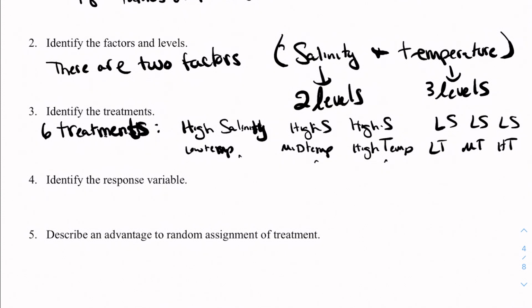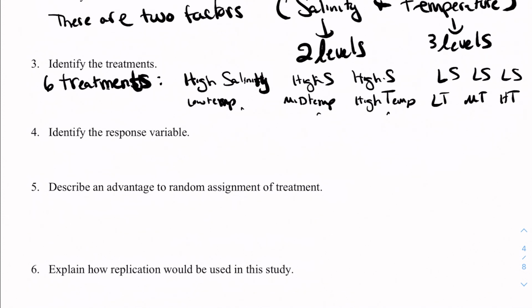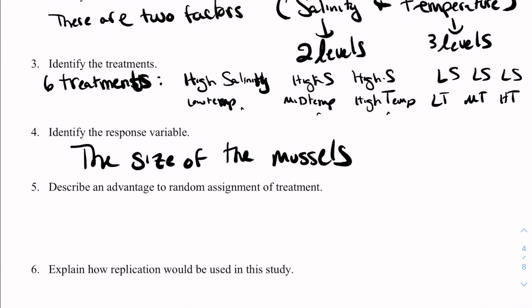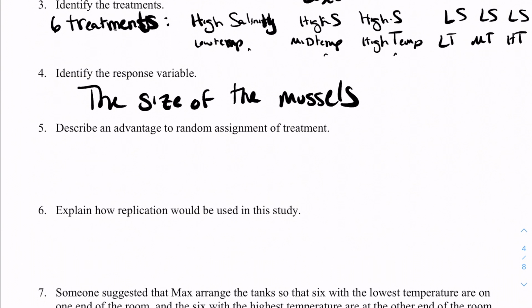Good. Identify the response variable. So at the end, how is he measuring these? He wants to see the size of the mussels because he wants to grow the largest ones. Describe an advantage to random assignment of treatment. So with random assignment, we don't know what's going on with each and every one of these mussels.